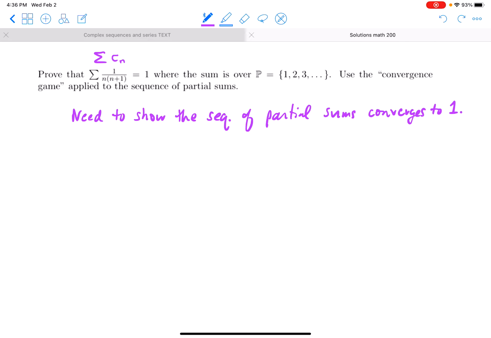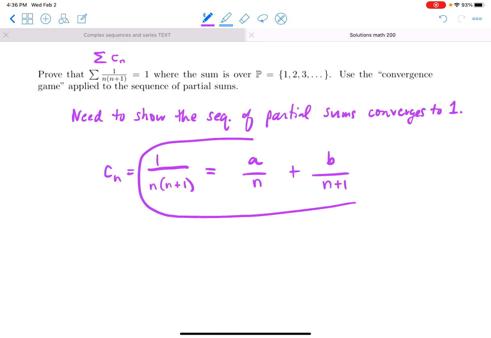So the first thing we'll notice is that Cn equals 1 over n times n plus 1 can be split. This is a common denominator. Secretly, this wants to be a common denominator of something plus something here and here. Now, if you cross multiply you can figure out and actually find equations that show you what a and b are, or the other method is you can guess and hope that you are right.